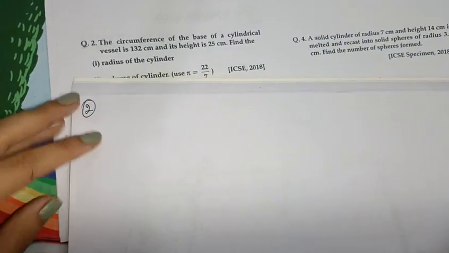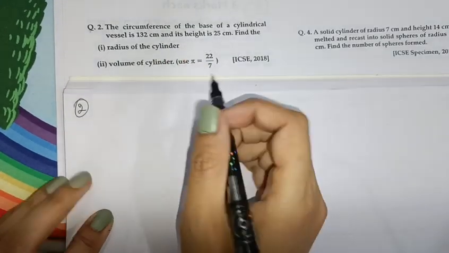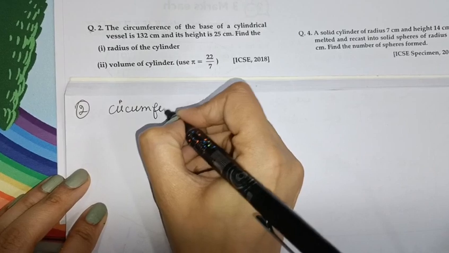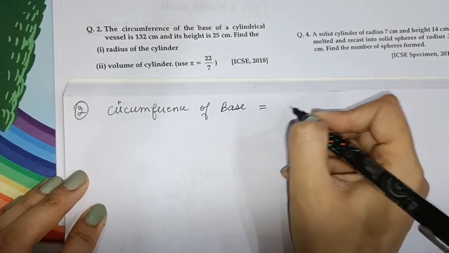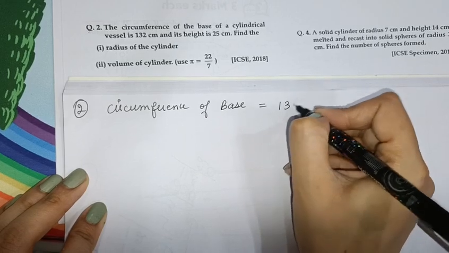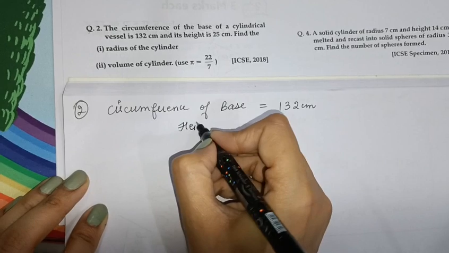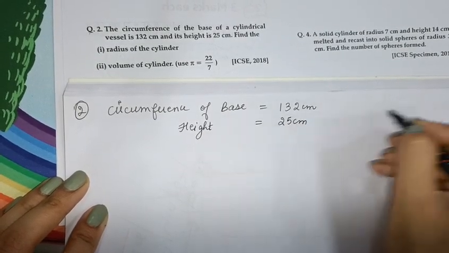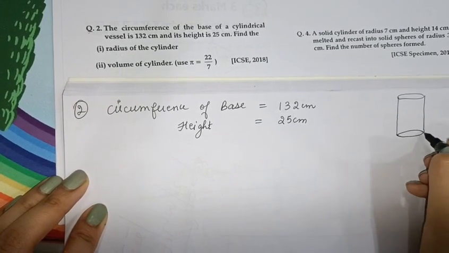Question 2. First of all, let's write the given things. Circumference of base is given to us, which is equals to 132. I am writing the given things. And height is given to us. Height is equals to 25 centimeter. And this figure is cylinder. Rough figures always you can draw.